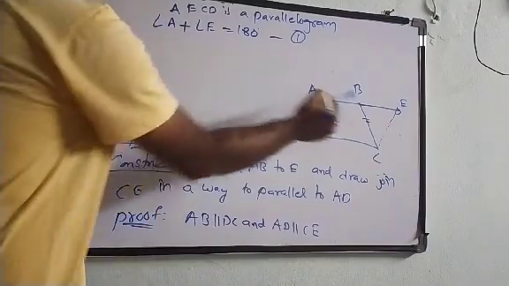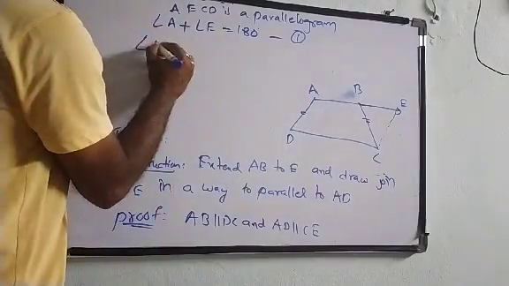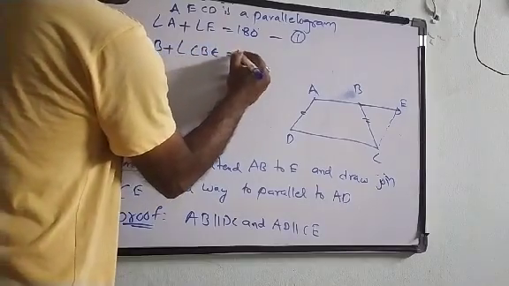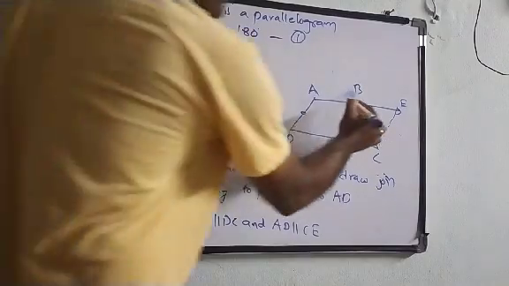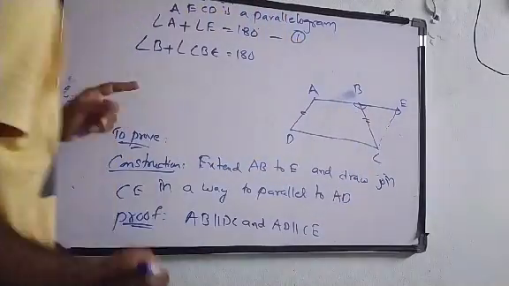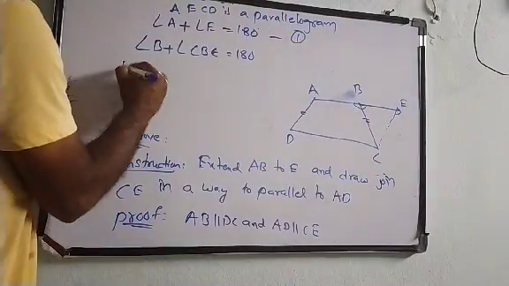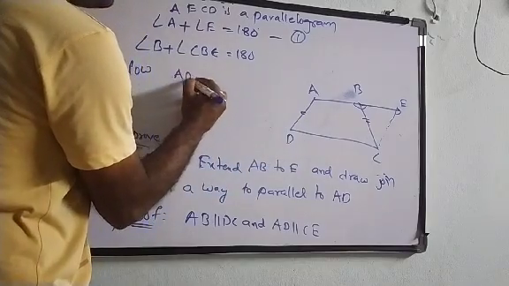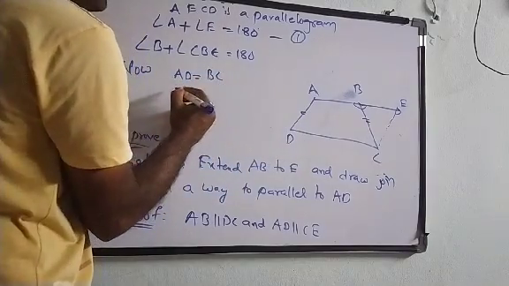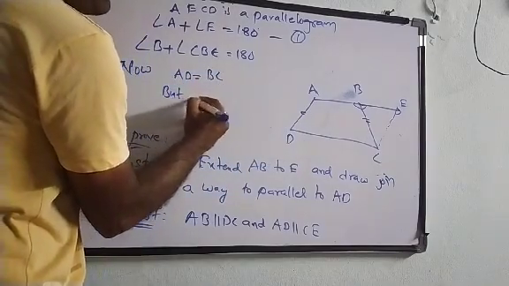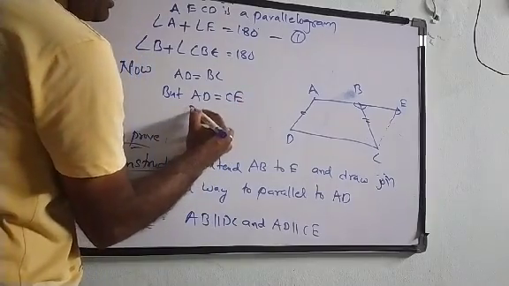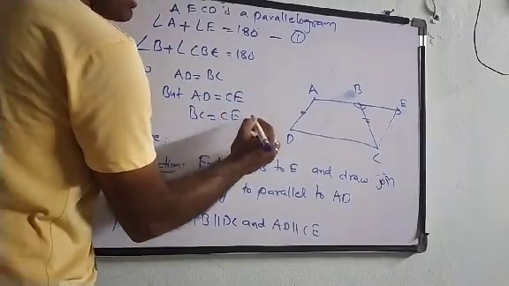Next, if you observe here, I can write angle B plus angle CBE is equal to 180 degrees, angles on a line. Now AD is equal to BC, but we have AD is equal to CE. It means that BC is equal to CE.